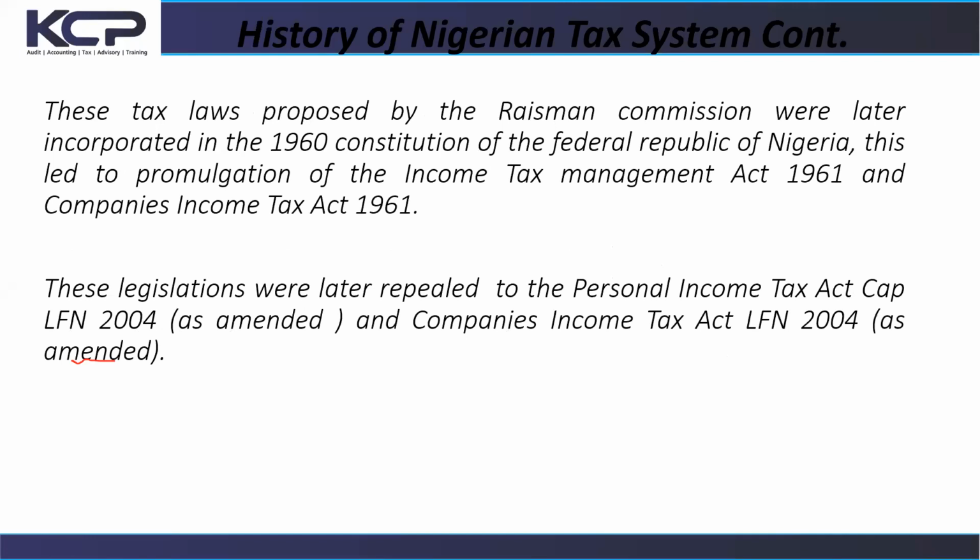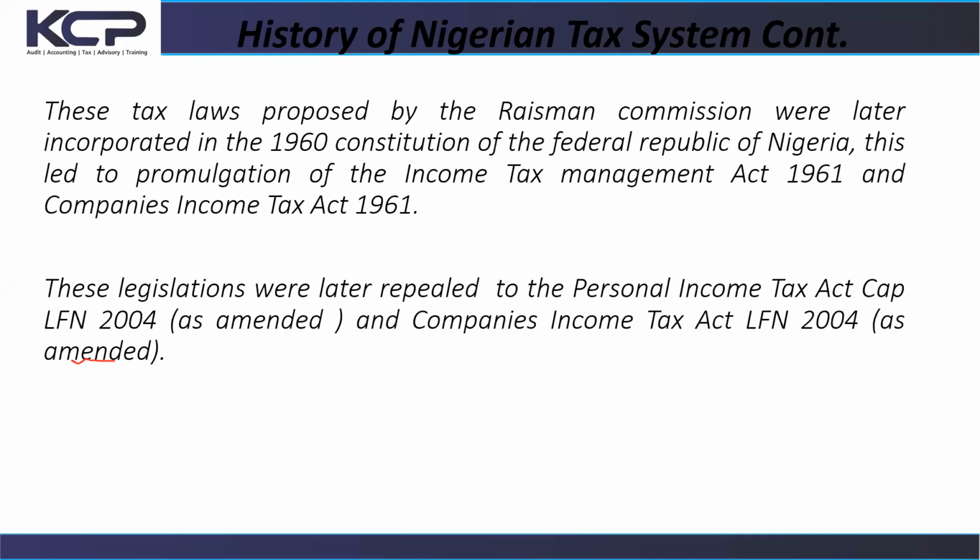So these tax laws proposed by the Raisman Commission were later incorporated in our 1960 Constitution. Like I said earlier on, if you see the structure, the mode of operation and administration of our current taxes, it is actually similar to the concept introduced by the Raisman Commission.